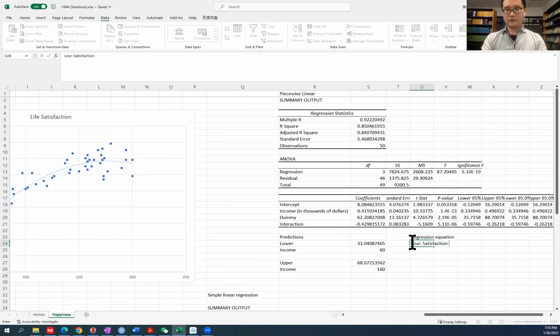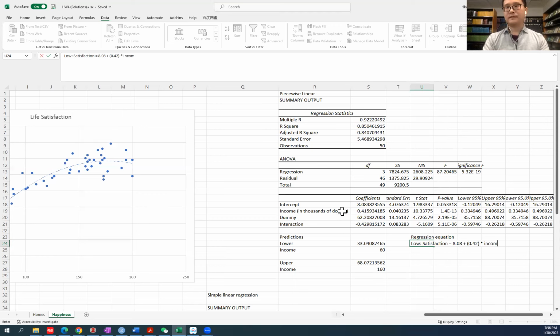Let's follow the same technique as what we did in our last week demonstration. We simply put in the coefficients here for the low income group. We have the intercept. Now we should have the income coefficient. This coefficient is 0.42 maybe.